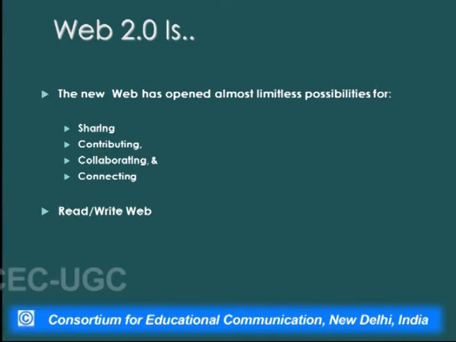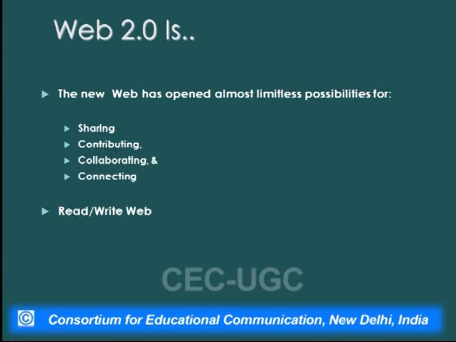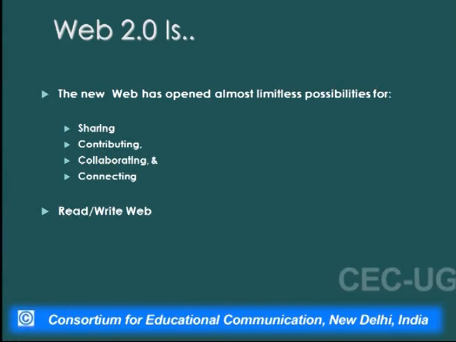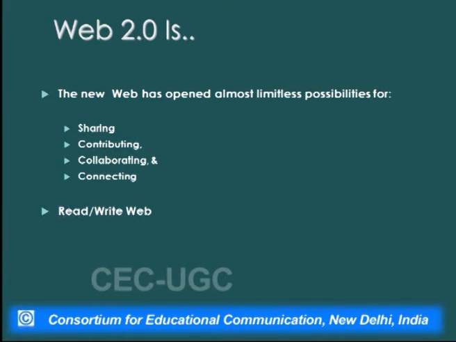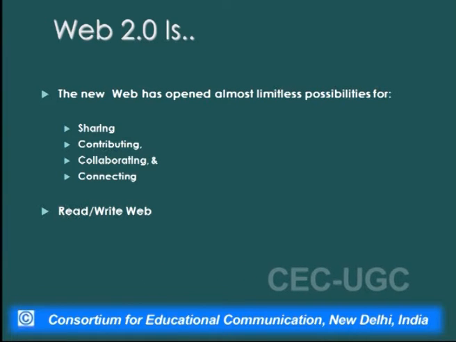And another thing is collaborating. Collaborating can be done, and connecting is an important thing. If there are important things you would like to share with your students, with your colleagues, or with other officials, there are different tools by which you can easily do all these things. A lot of applications are available on this web, different kinds of tools for all kinds of features.